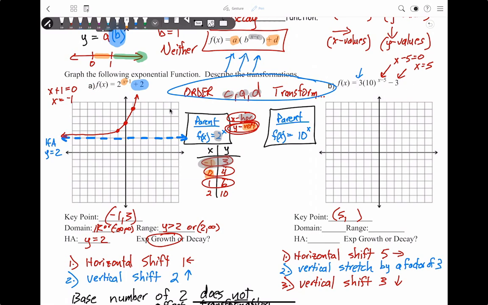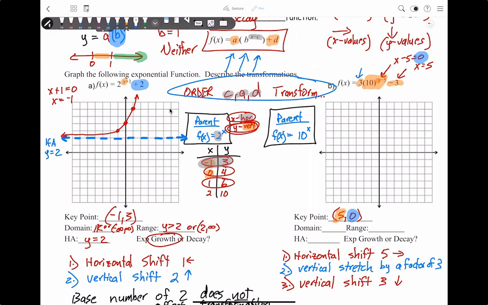If I put 5 where x goes, I have 10 to the power of 0, which is 1, times 3 is 3. Minus 3 would become 0, okay? Which makes sense because we're trying to make our power become that 0. Okay, that is our key point. That's how we identify that, okay?